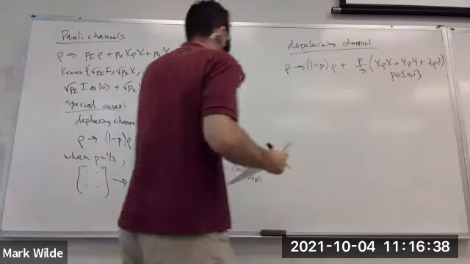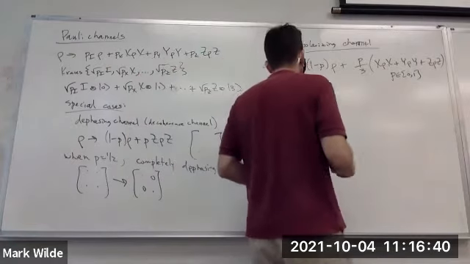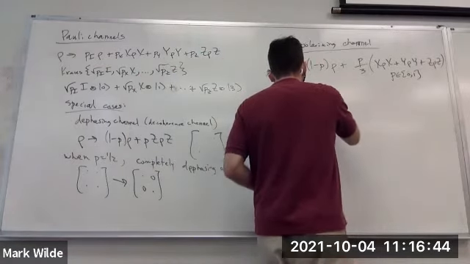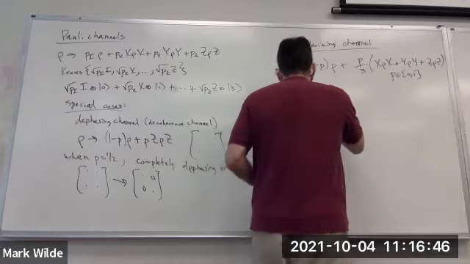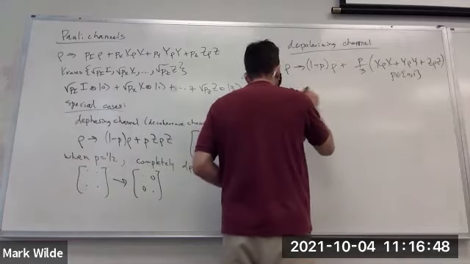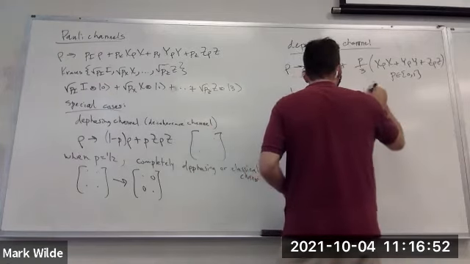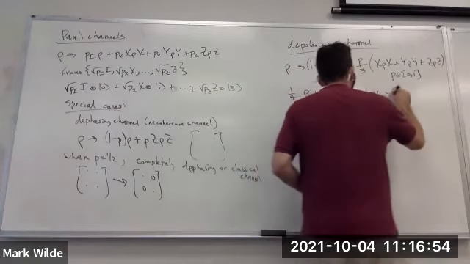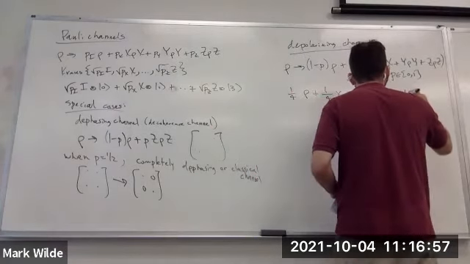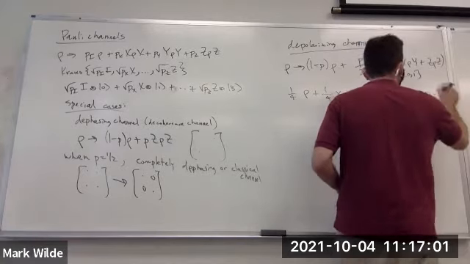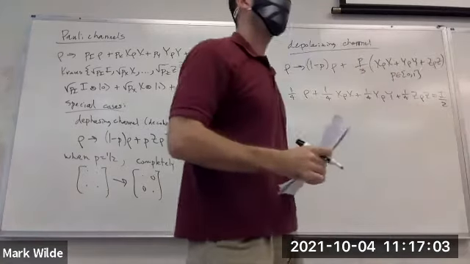I don't know if we talked about this identity yet. So this is an identity that holds. If you take an equal mixture of Paulis, it makes the maximally mixed state. Okay.